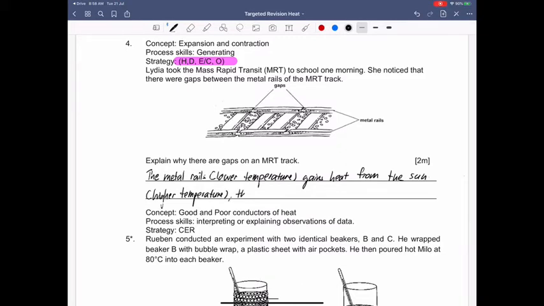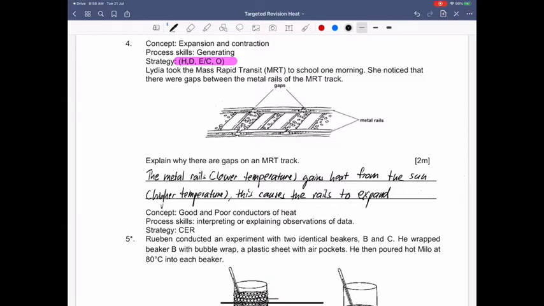This causes the rails to, now, so there is E and C. So in this case, based on your prediction and your understanding, it would be expansion. So heat causes the rails to expand.